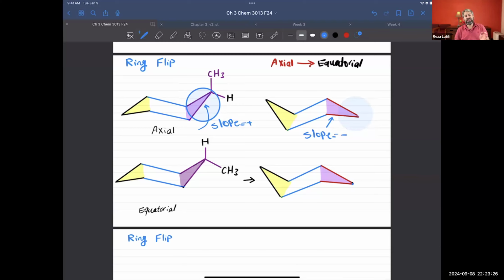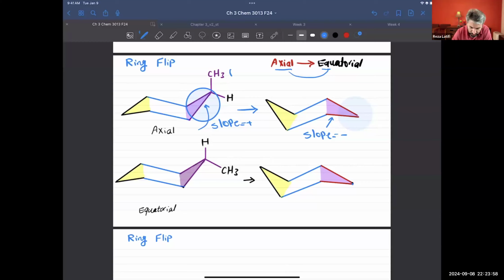This movement from a positive slope to a negative slope, we call it ring flip. Whenever you're dealing with ring flip, the axial position will switch to equatorial position, or equatorial will turn to axial position. But one thing that you have to keep in your mind: if that substituent is pointing up, it will be pointing up regardless of whether it's taking axial or equatorial position.